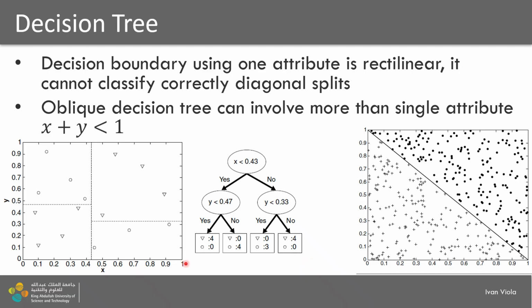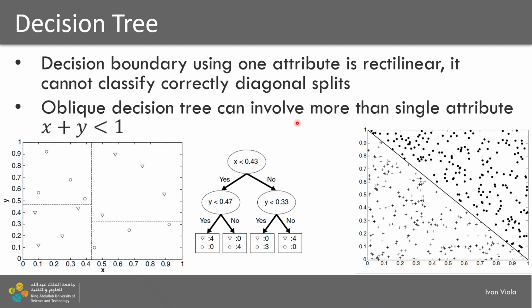And while this is a good decision tree, it is not able to create some kind of oblique decision. Therefore, there has been an extension of decision trees which are able to perform also diagonal splits, and those are oblique decision trees.